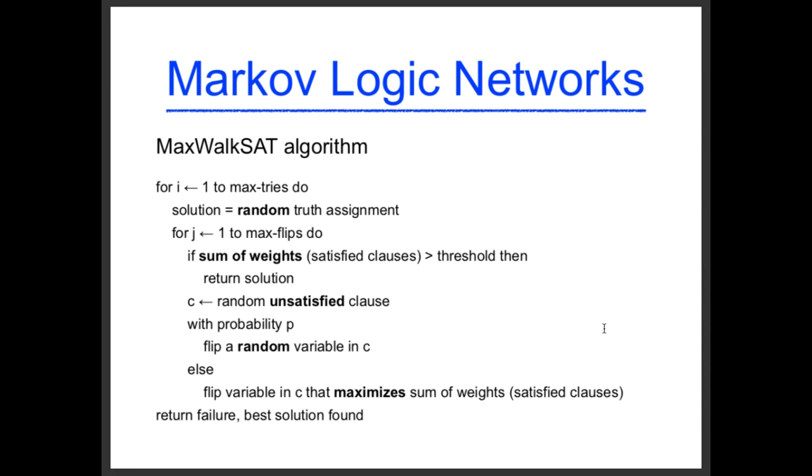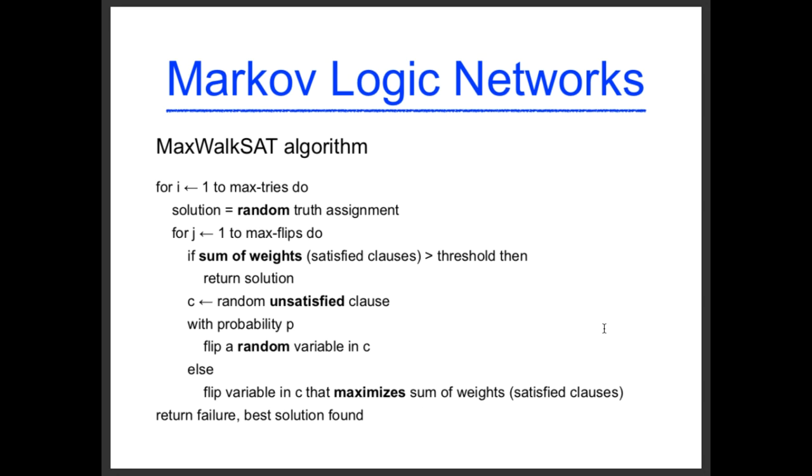You pick a random unsatisfied clause. Among the clauses which your world does not satisfy, you pick a clause. With probability P, you flip a random variable in C. A random variable, so it's purely stochastic.